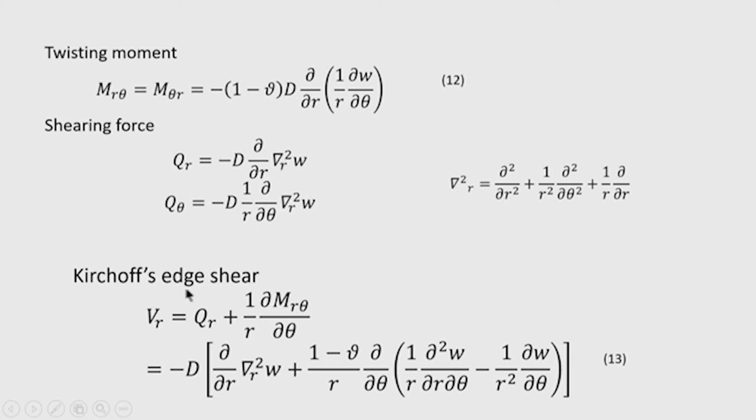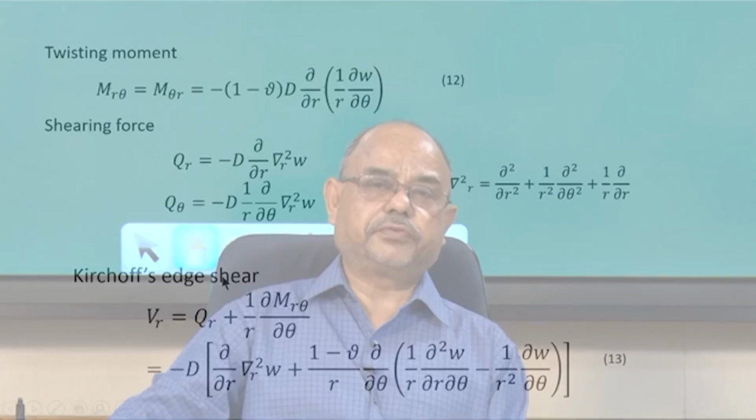Okay. Kirchhoff's equivalent shear, that is at the free edge or at the other edge, where the twisting moment, shear force as well as bending moment, three quantities, are there. But it is seen that the three quantities are not necessary for expressing the boundary condition, because the twisting moment has a contribution to the shearing force.